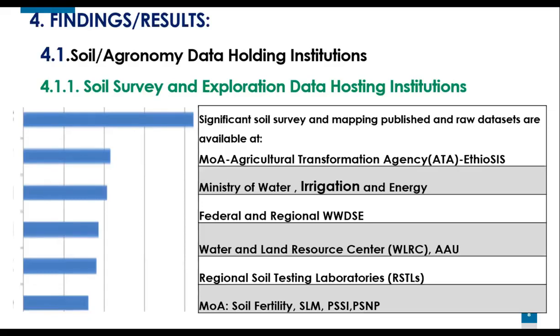For instance, significant survey-based soil and agronomic data are available at the Ministry of Agriculture through the ETOSIS project, at the Ministry of Water, Irrigation and Energy, federal and regional waterworks enterprises, at the Water, Land and Resource Center, regional soil testing laboratories, and at various programs and projects of the Ministry of Agriculture.